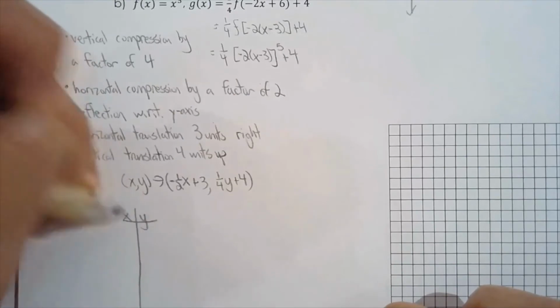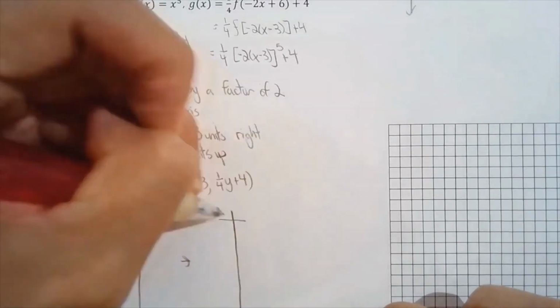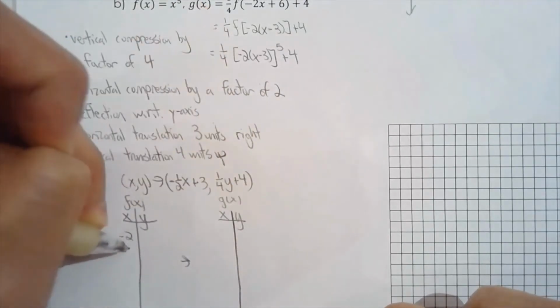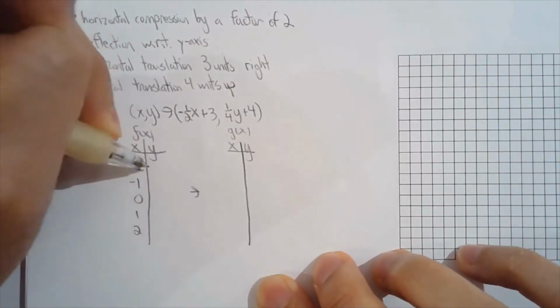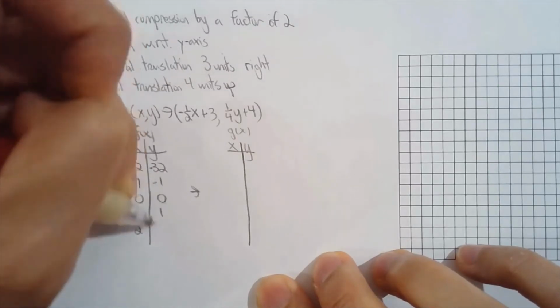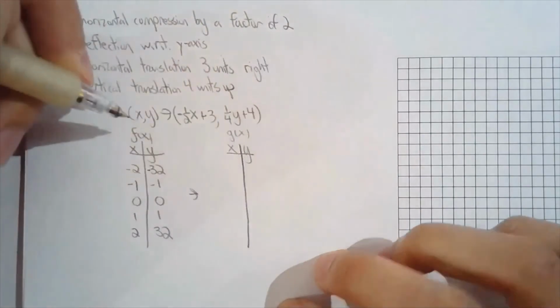Okay, these are the original points, and these are the transformed points. So -2 to 2 to get the center of the graph. And then we are going to find the new points.